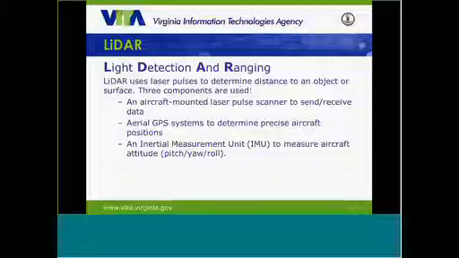In the type of LiDAR that we use for elevation services and features on top of the surface of the Earth, it's typically collected using a system that consists of an aircraft-mounted laser pulse scanner to send and receive the data, aerial GPS systems to determine the precise aircraft position, and then an inertial measurement unit to measure aircraft attitude: pitch, yaw, and roll.